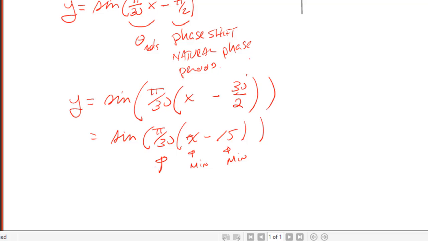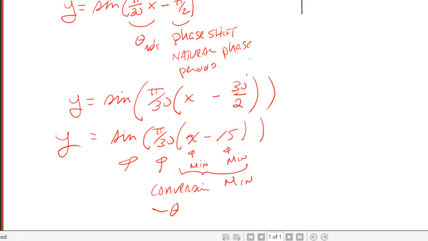What about this pi over 30? Well, that's my conversion. So right now, all this here is in minutes. X minus 15 is in minutes. This conversion, pi over 30, allows me to go to theta. Then once I convert it to radians, I can feed it to the sine function, and that will give me my y value.